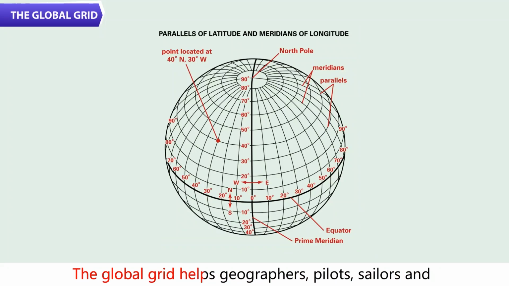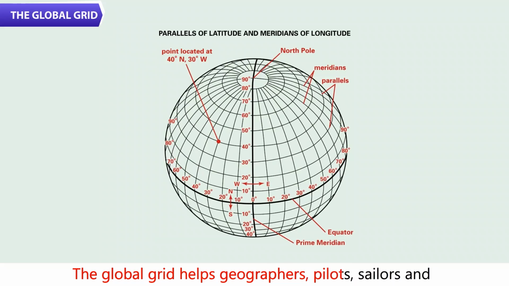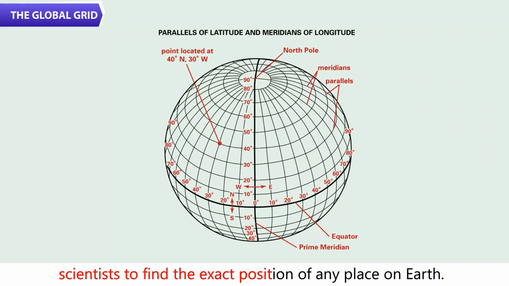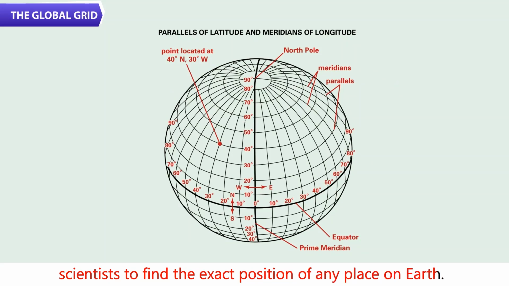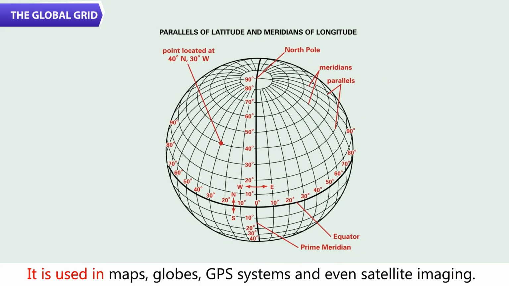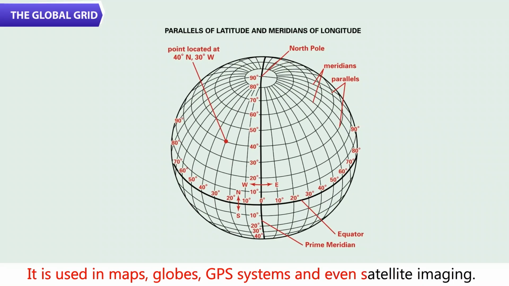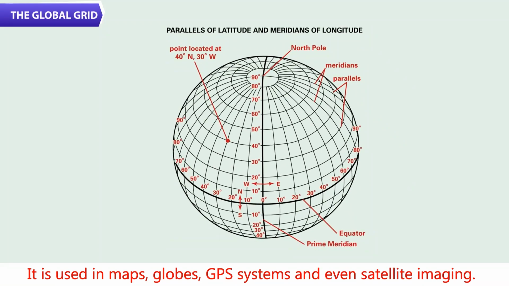The global grid helps geographers, pilots, sailors and scientists to find the exact position of any place on Earth. It is used in maps, globes, GPS systems and even satellite imaging. Words I know.